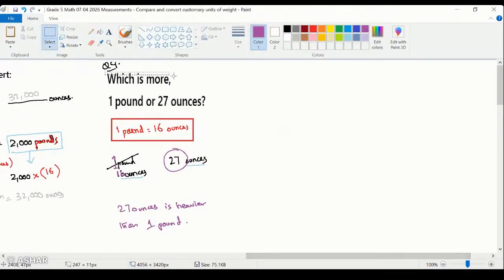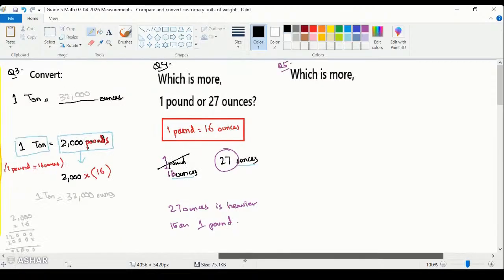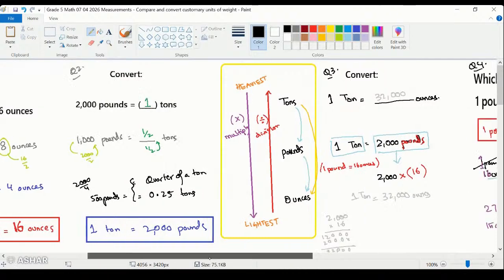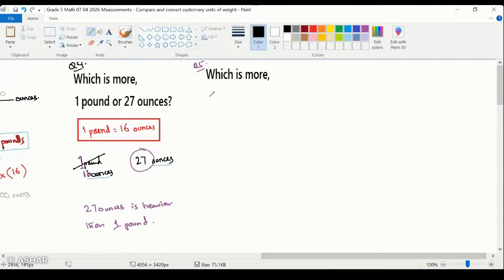Let's say which one is more. Let this be question number 5. The question says: 560 pounds or 1 ton. Which one is heavier?